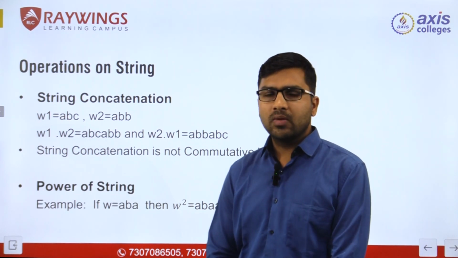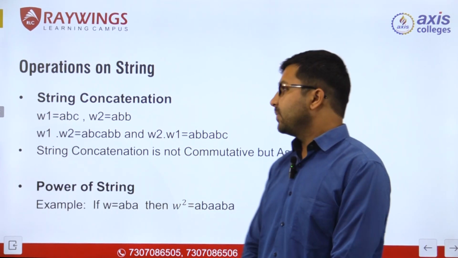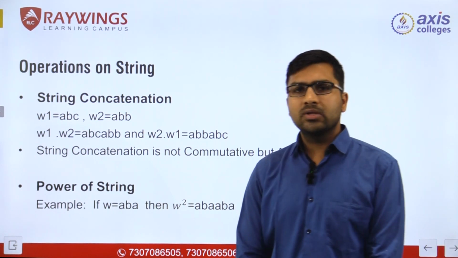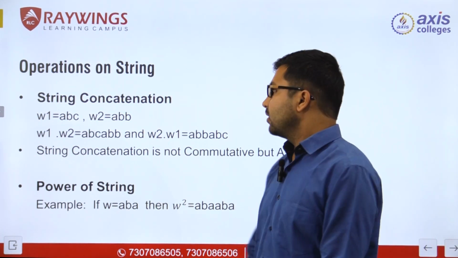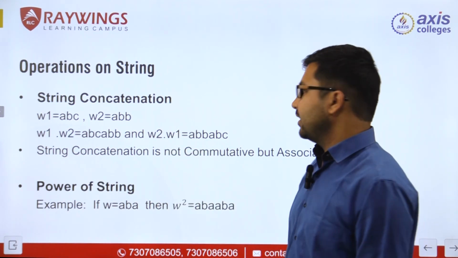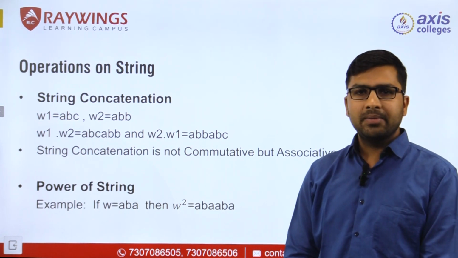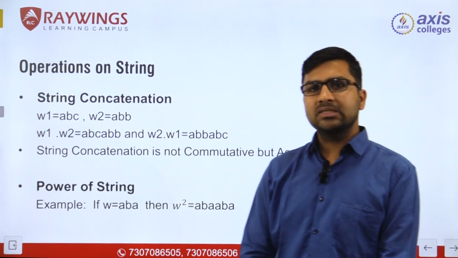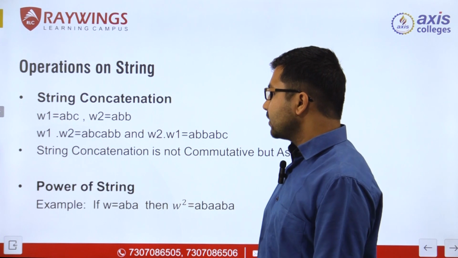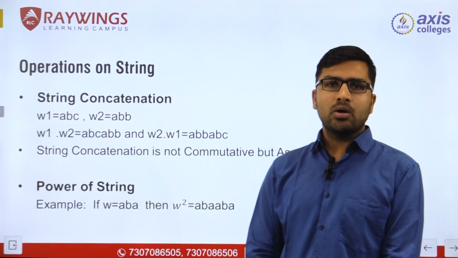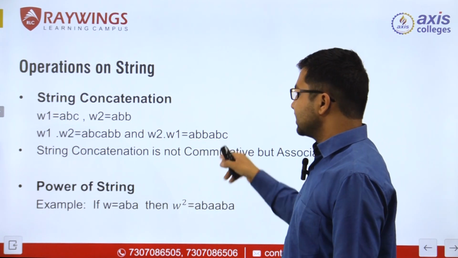Then I am talking about the operations on strings. Basically strings have the following operations. The concatenation of strings just combines the strings. If I take w1 equal to abc and w2 equal to abb, then concatenation w1 dot w2 equals abcabb, and in the same way w2 dot w1 equals abbabc.